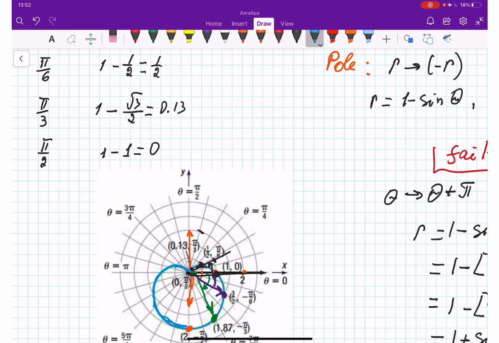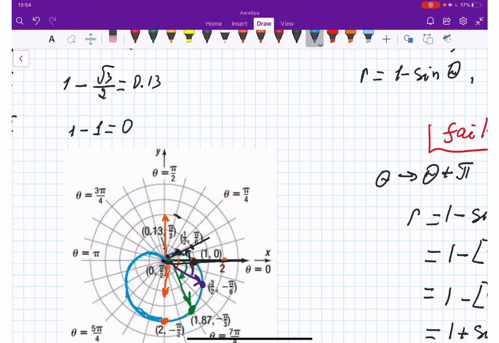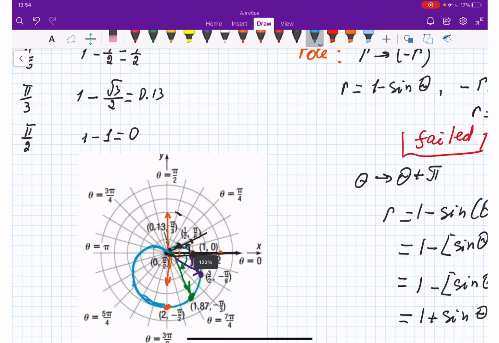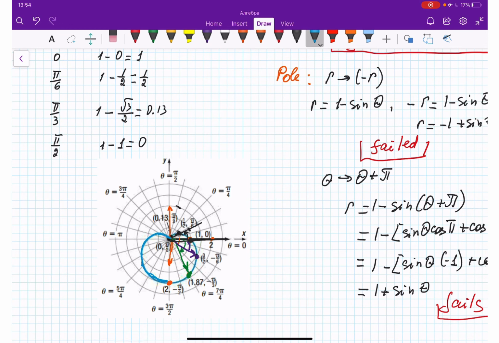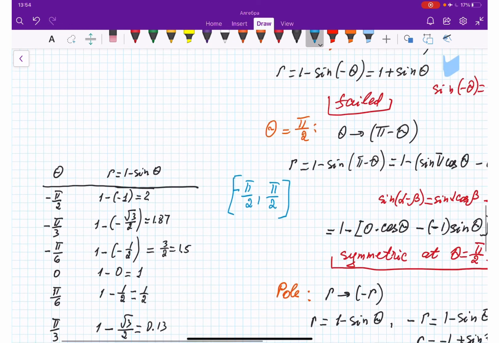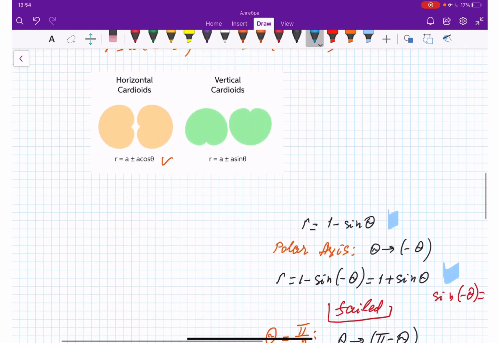So this is example of cardioid. Okay, we built the graph of the cardioid. In this case, we built vertical cardioid, right? While we have also horizontal cardioid. Here it is. So what is the difference?